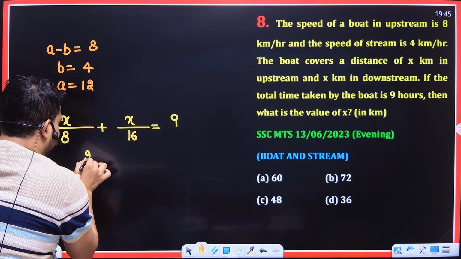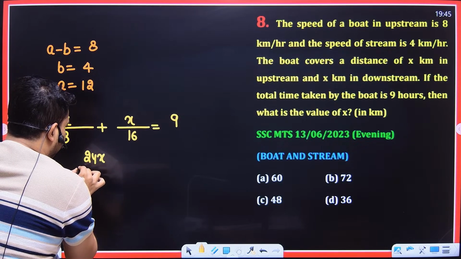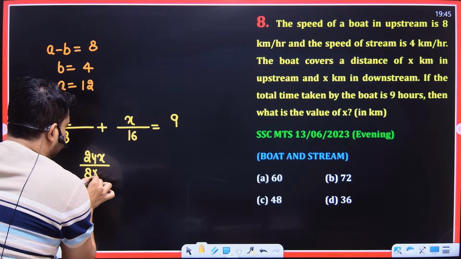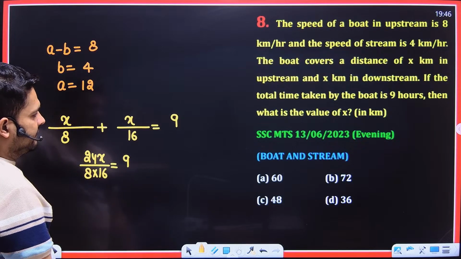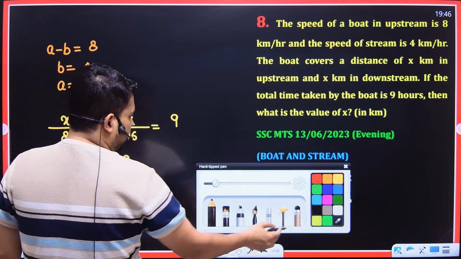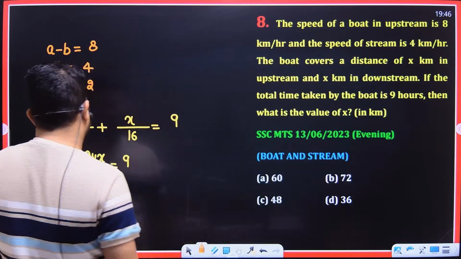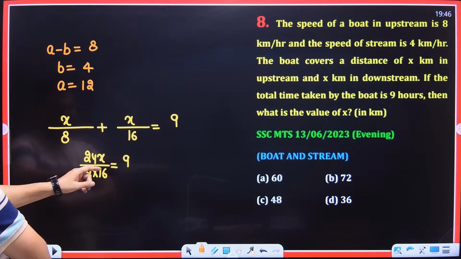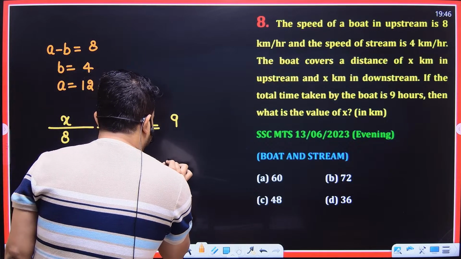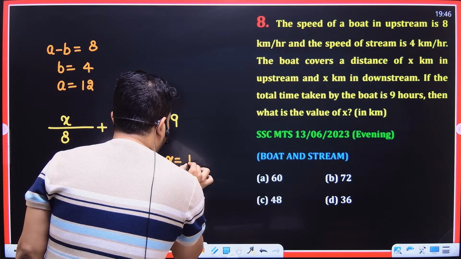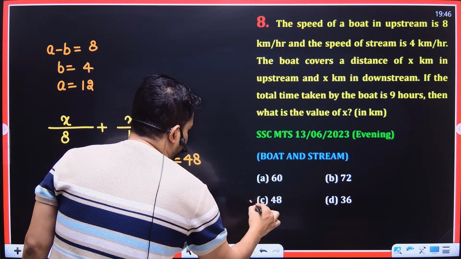So we have 24x upon 8 into 16 is equal to 9. We have to solve this equation for the value of x. So the value of x is equal to 48 kilometer. That is option number C.